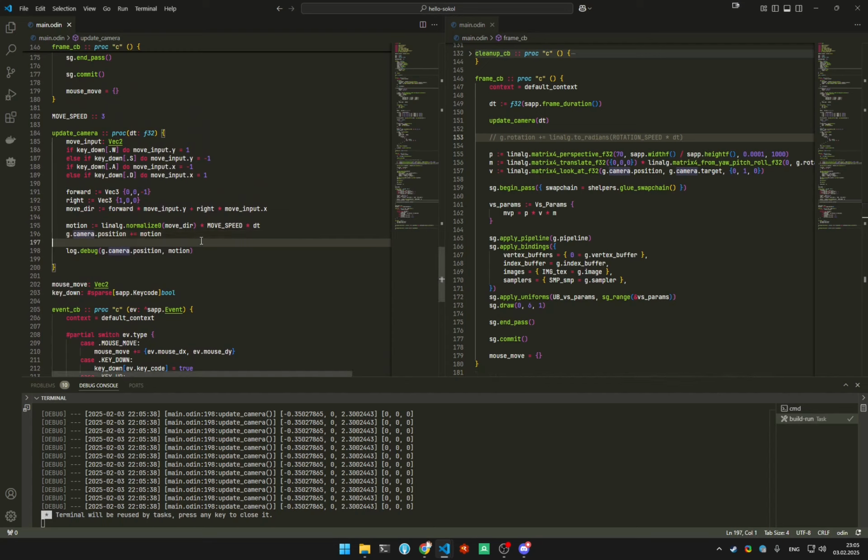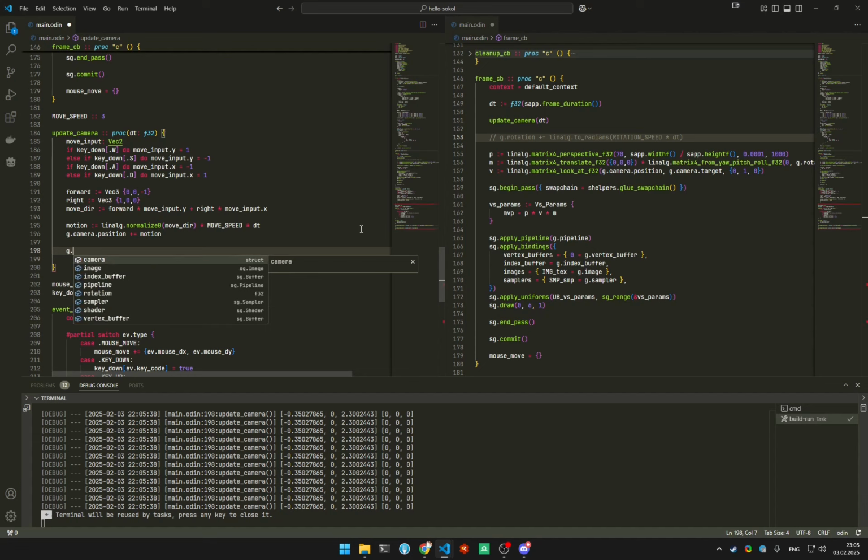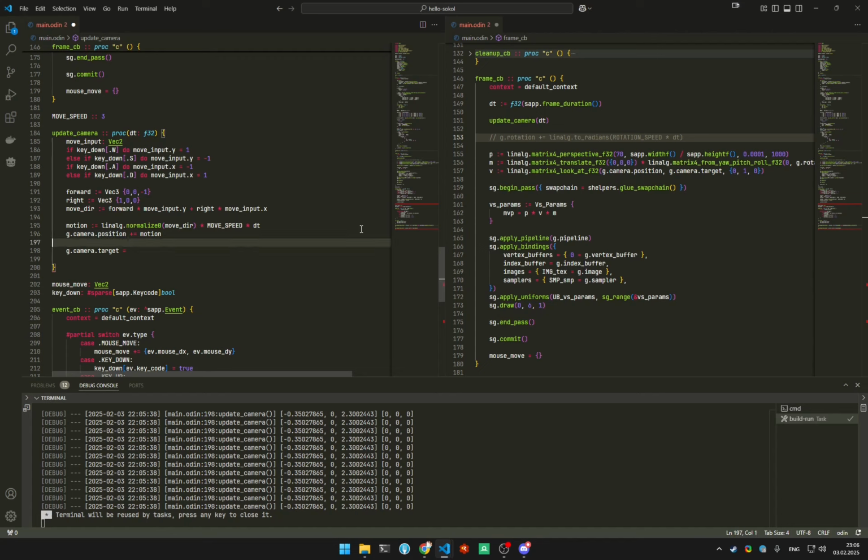And for now, let's just say that we want to update the target, so we always look at the camera position plus forward.